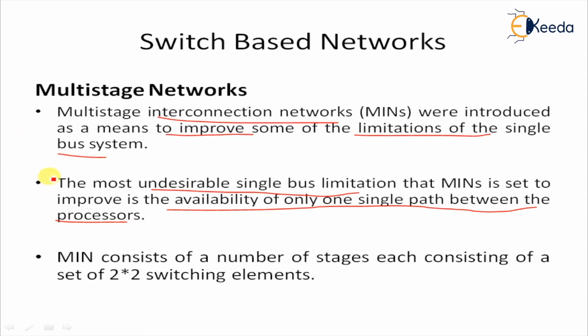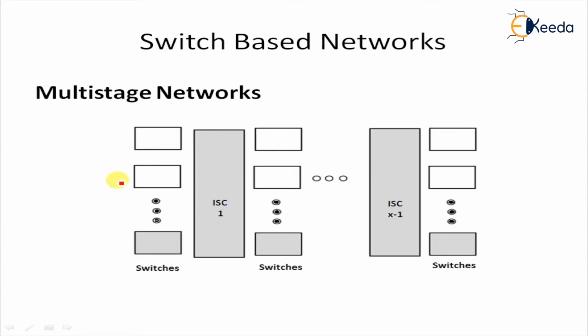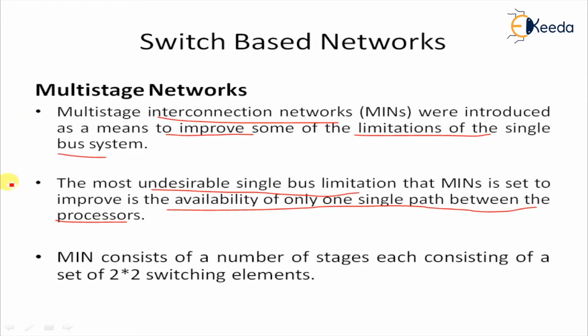The diagram of the multi-stage network is like this. The switches connect one network to another, from stage one up to stage x minus one. This is a multi-stage interconnection network diagram. Here the MIN consists of a number of stages, each consisting of a set of 2 cross 2 elements. Stages are connected to each other using interstage connections.